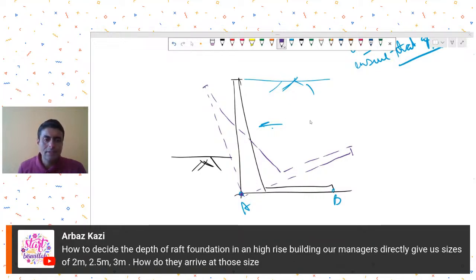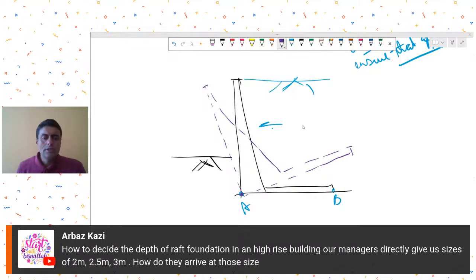Mr. Arbaz Kazi is asking how to decide the depth of raft foundation in a high-rise building. Our managers directly give us sizes of depths of... You mean they directly give you the depth as 2 meter, 2.5 meter, 3 meter. Okay, you are saying thickness of raft.